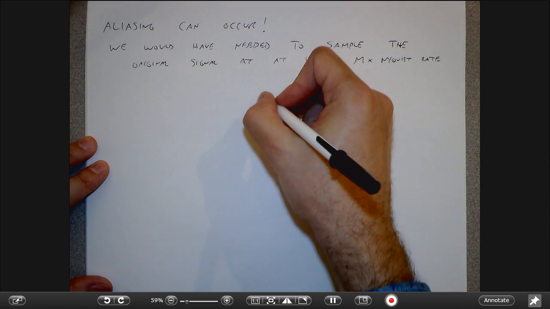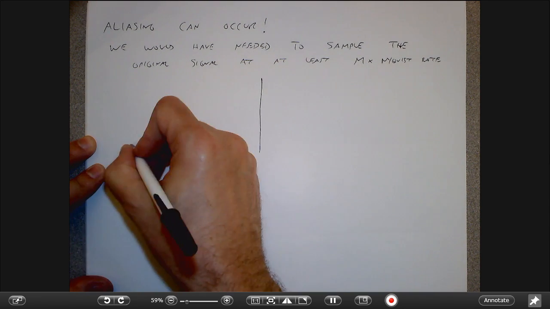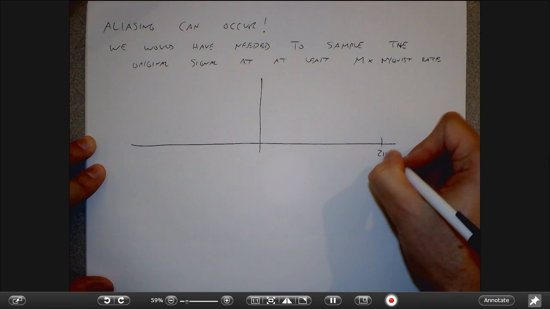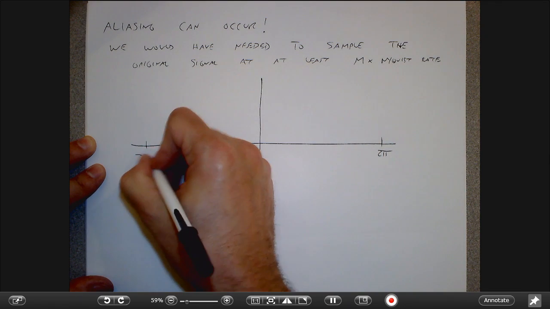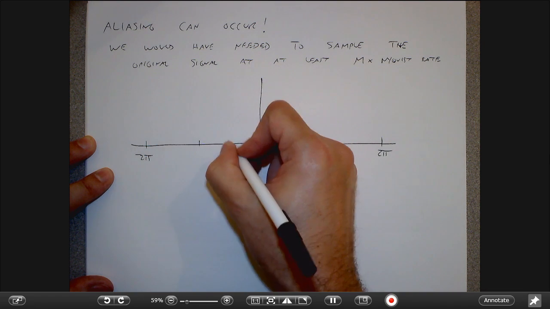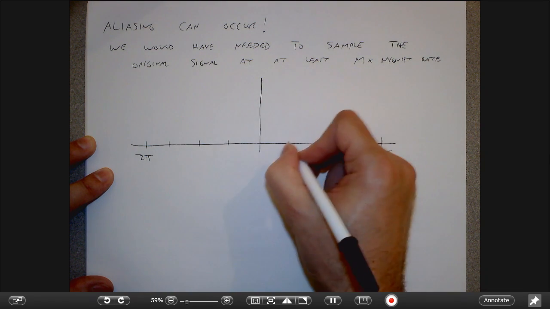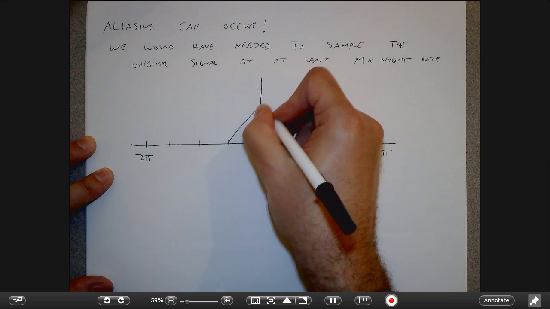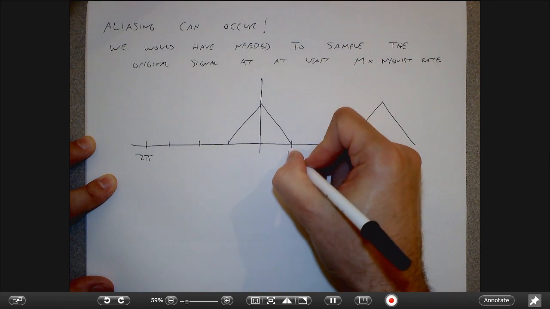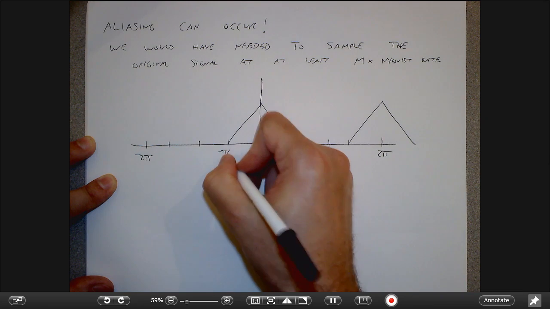So for example, let's do a little thought experiment. Let's suppose, with some concrete numbers, that this was the Fourier transform of my original signal. So let's suppose I have a triangle like this, and the triangle width is pi over 2.